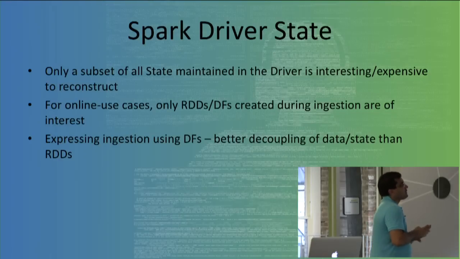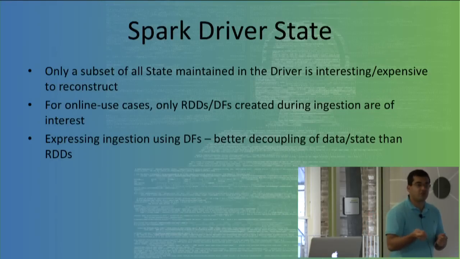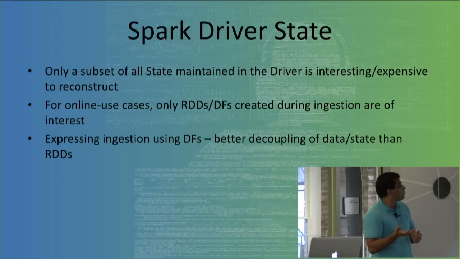For these specific use cases, you might have a bunch of RDDs or data frames that you've ingested, and because you have them cached and these are expensive to regenerate, you might want to in some way hold on to that state if possible.